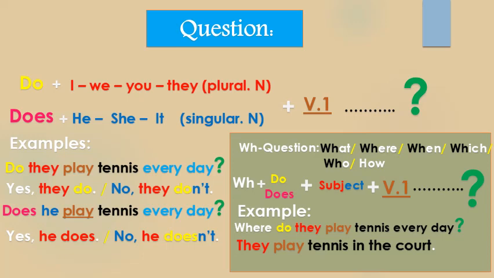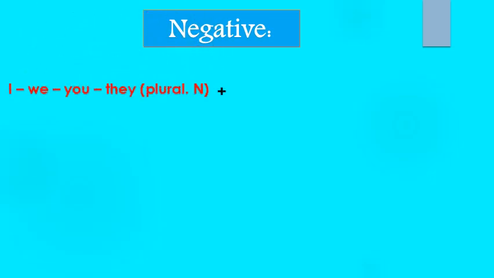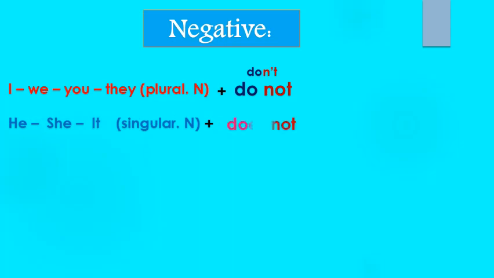Okay guys, now let's move to the negative form. So here we have, if the subject is plural, we add do plus not, and we can contract it to don't. And if the subject is singular, we add does plus not, and we can contract it to doesn't plus verb 1.